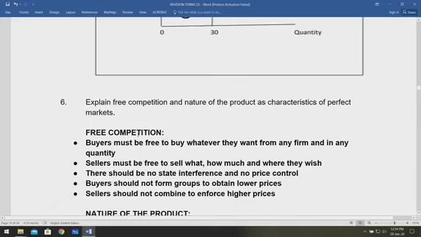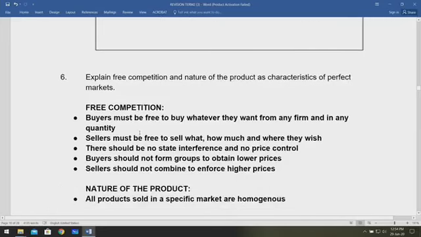If you think of free competition, that means that the buyers must be free to buy whatever they want from any firm in any quantity, as well as the sellers must be free to sell what, how much, and where they wish. The main thing behind free competition is that there should be no state interference and no price control.